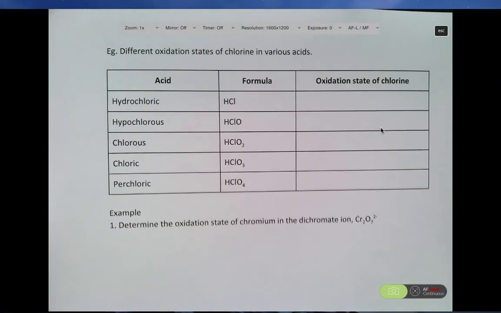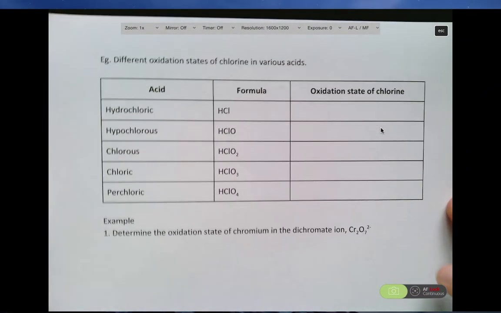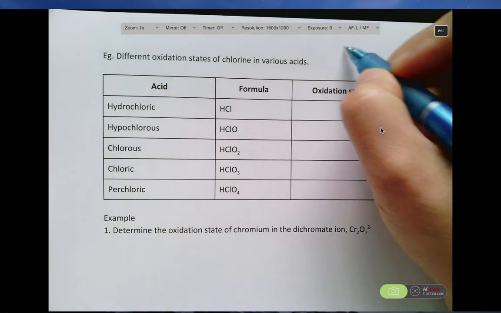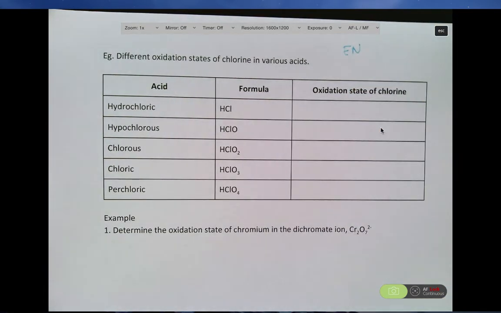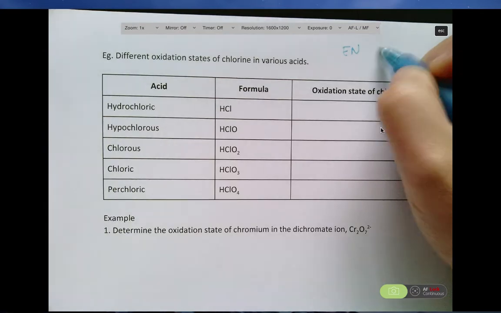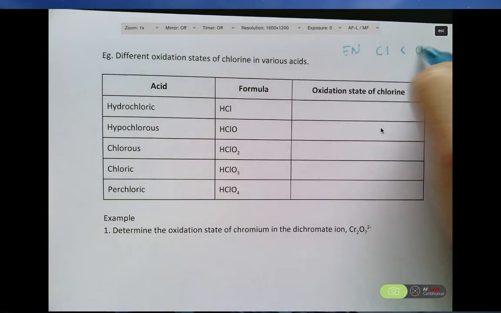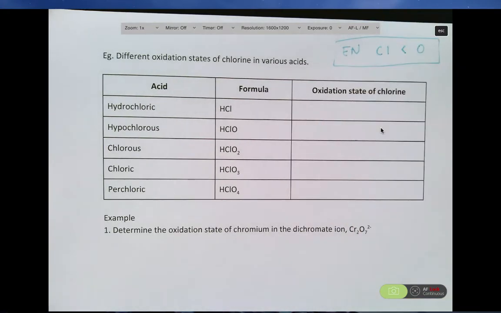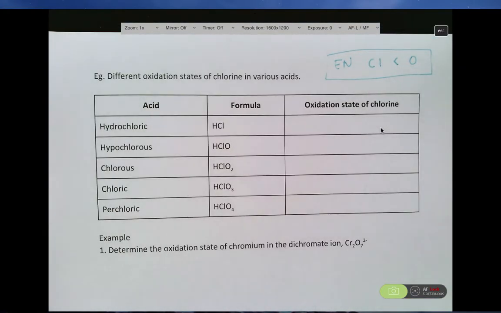Chlorine is present in hydrochloric, hypochlorous, chlorous, chloric, and perchloric acid. The difference being each time there's an additional oxygen. So what does that mean for chlorine? Well, the electronegativity, EN, of chlorine is less than that of oxygen. So that's something to keep in mind as we go through these couple of examples.